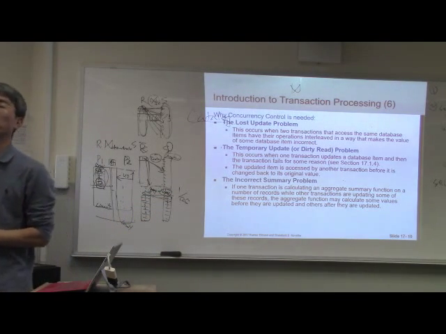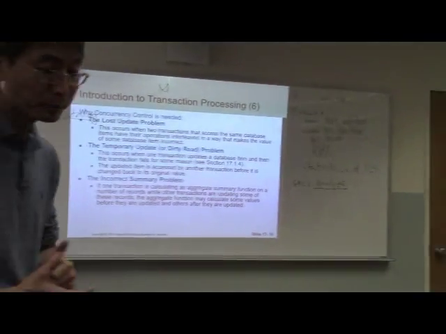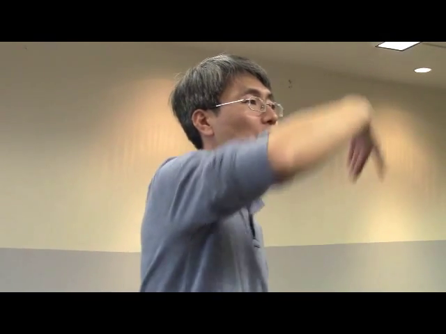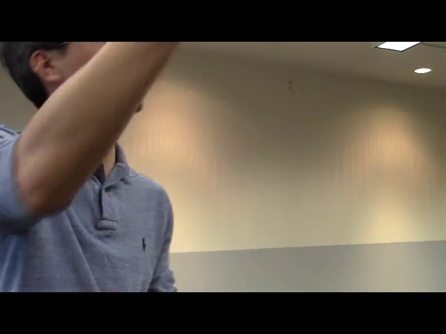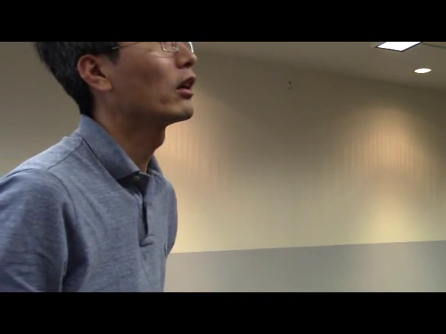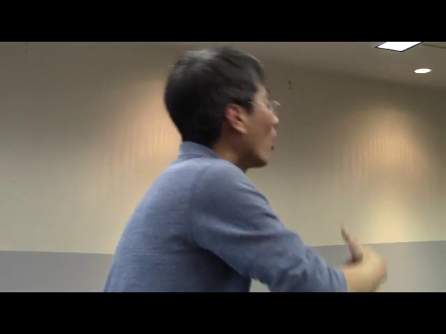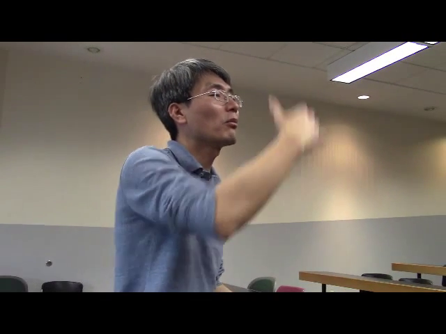The incorrect summary problem frequently happens. So I'd like to sum up all the salaries. It takes 1 hour to sum. So select the sum of the salary from the employee, and it takes 1 hour. Okay. Then in the middle of the selection, some of the salaries are updated.